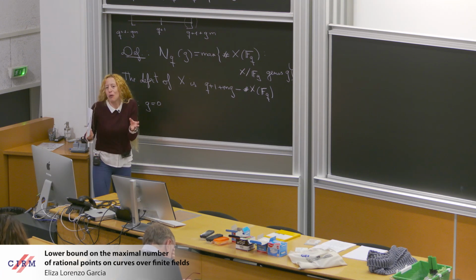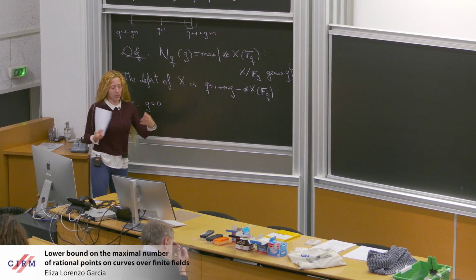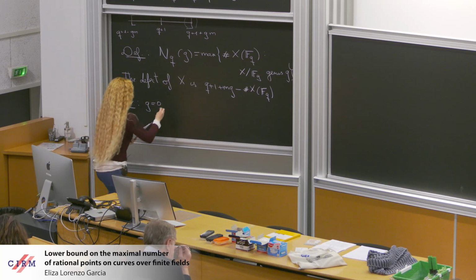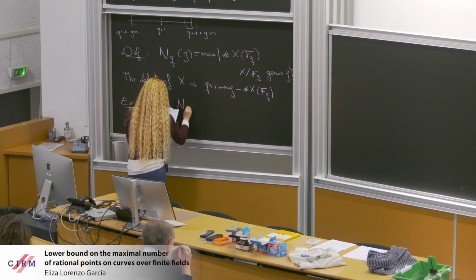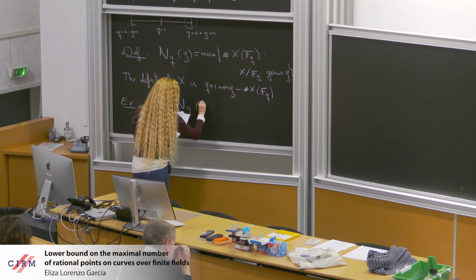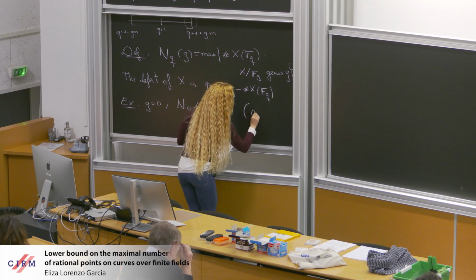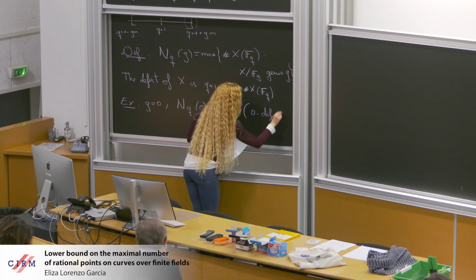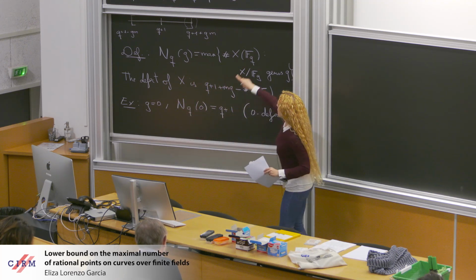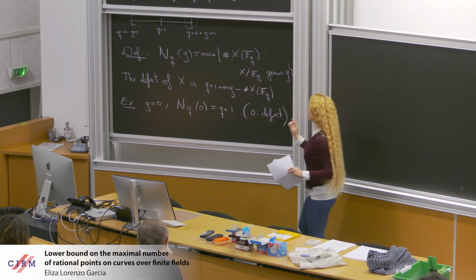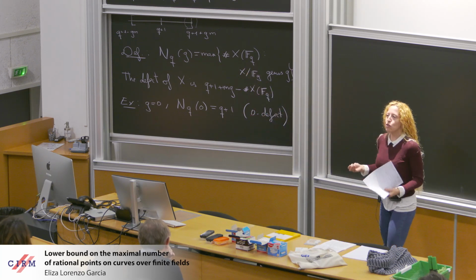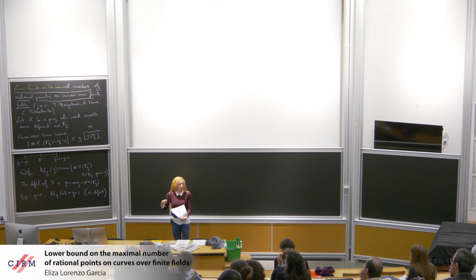So in a trivial way, you get the maximum number of points, okay? And this is true for all q, so you get 0 defect. This maximal number of points is q plus 1, 0 defect, nice. And now, of course, let's go with genus 1, that is slightly more complicated.